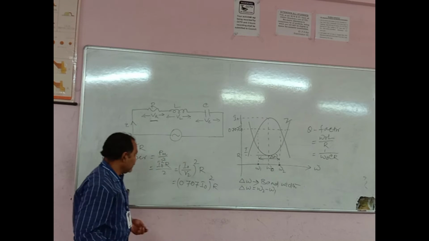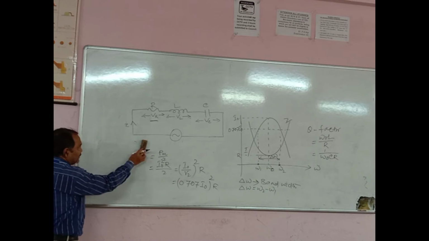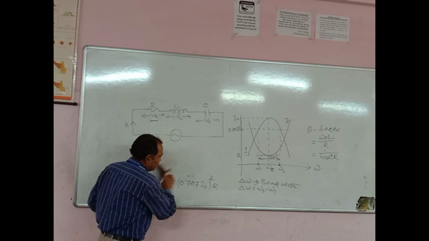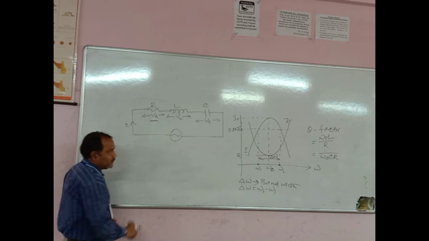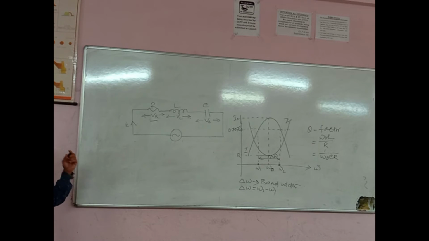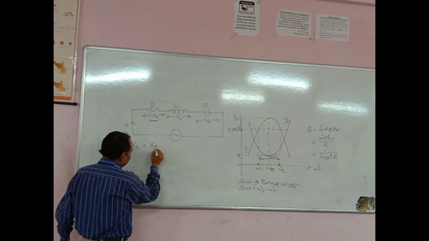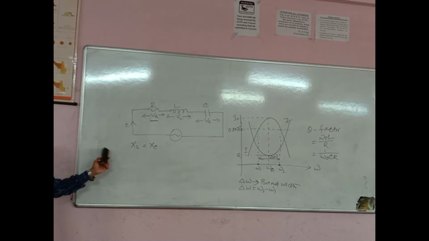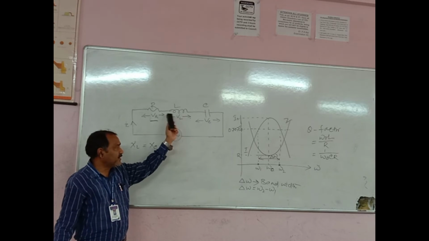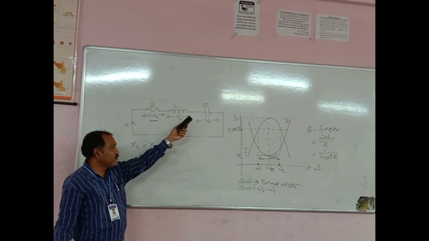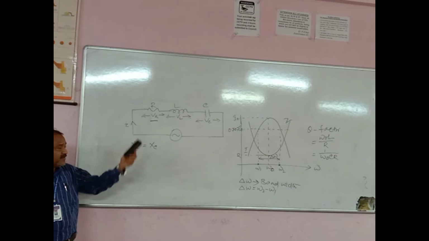To find out omega 0, again we take the conditions at which the resonance will occur. Normally we know that series resonance occurs whenever the two reactances become equal. That means XL is equal to XC, because this is the condition at which these two voltages become equal, and therefore the vector sum of these two voltages becomes 0.